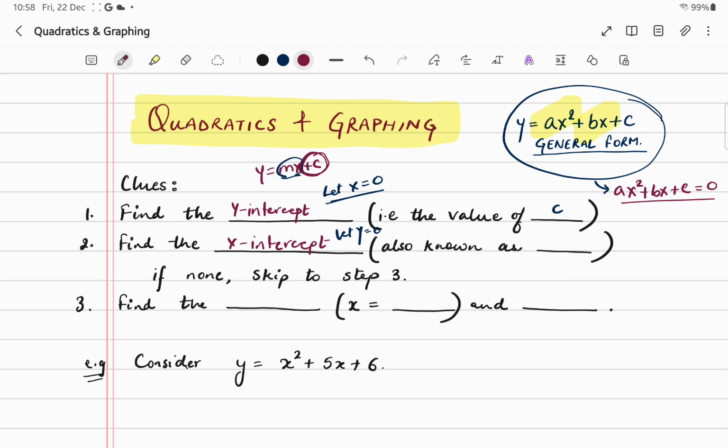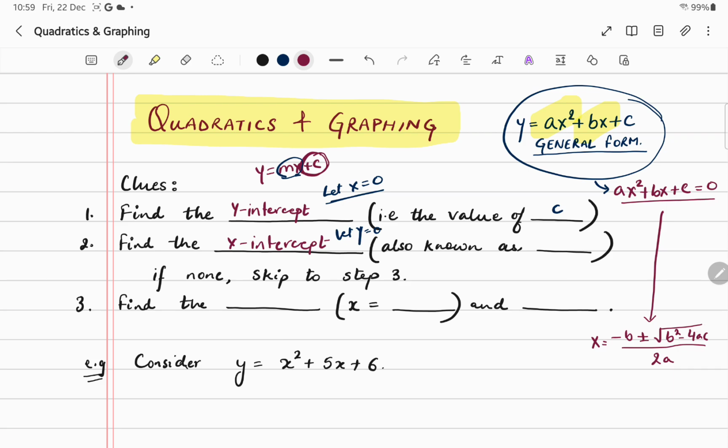To factor, we have done the factorizing quadratic form, we have also done the quadratic formula, which is minus b plus or minus the square root of b squared minus 4ac over 2a, right?